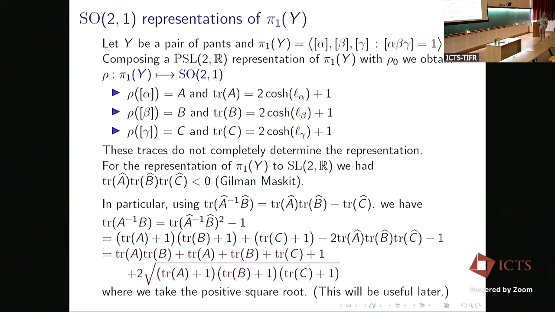Now, because we're assuming that's always negative, I'm going to take the sign changes there if I take the positive square root at this point. Okay, so that's going to be true for all pairs of pants groups. You can check easily that I choose the opposite choice of sign for the trivial representation. So that formula I'm going to recall briefly next time.